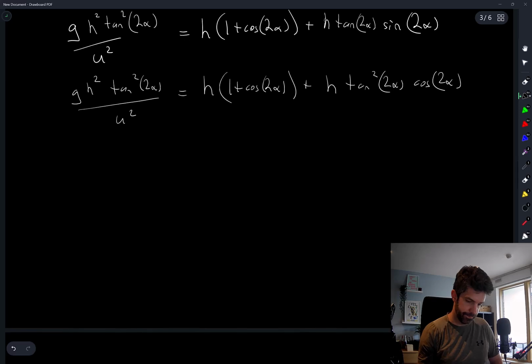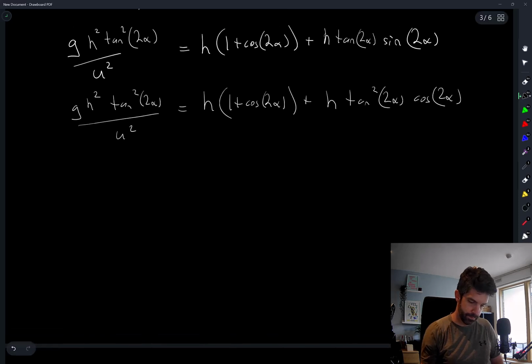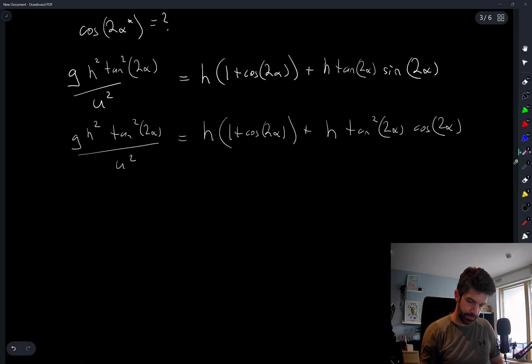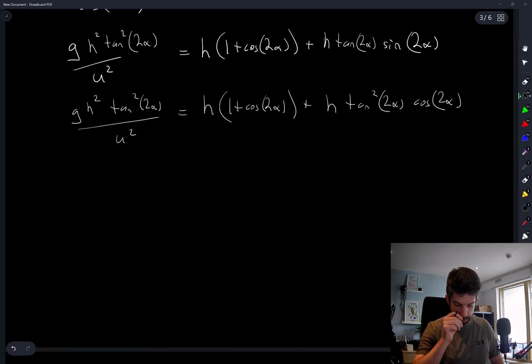Maybe. I mean, I can just group that cosine alpha with that cosine alpha. It looks like it's going to be a very messy expression, but it should lead to what we want. And cancel an h everywhere.